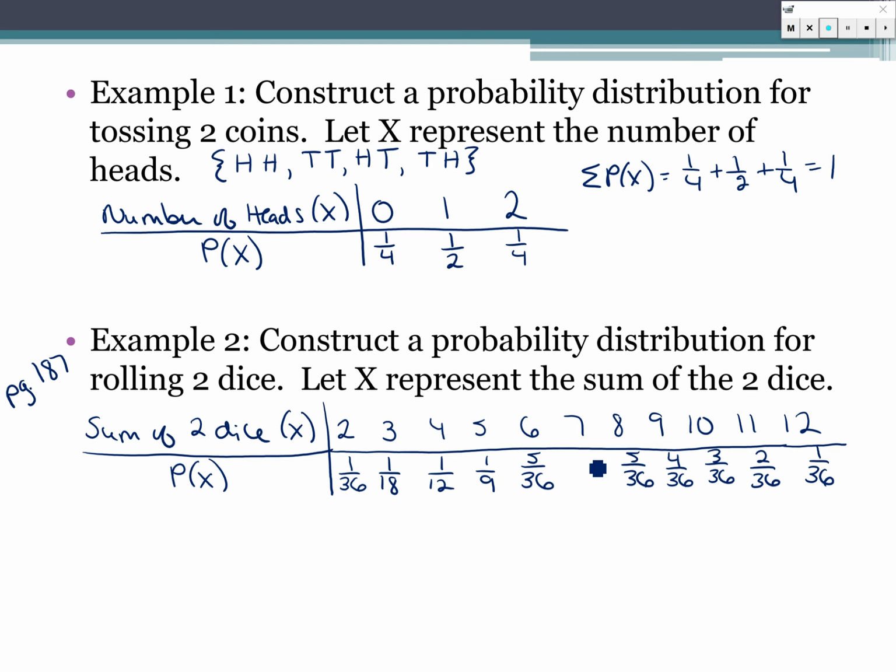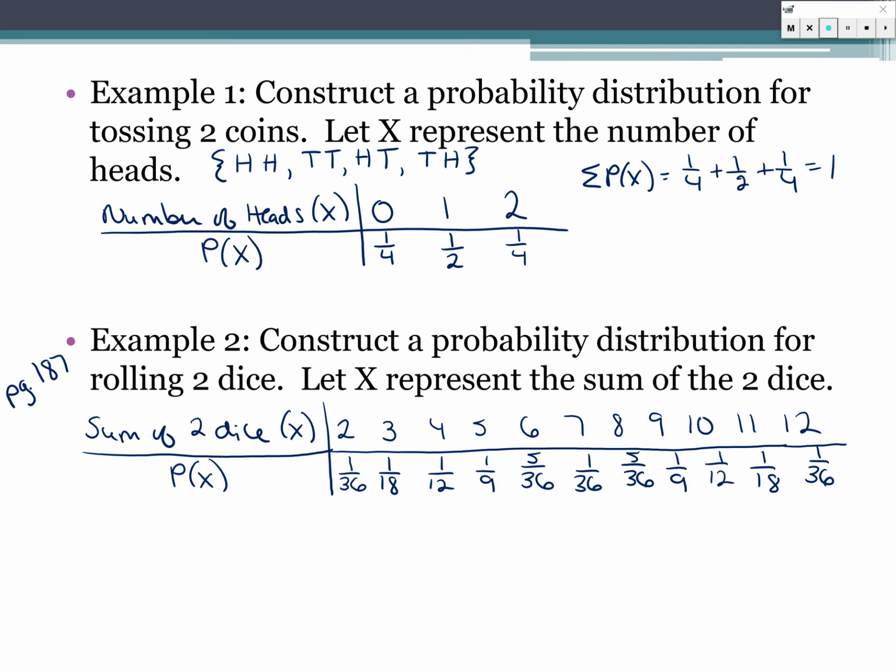Or you can just write them below if you don't want to go back through and erase. I know it's a lot easier for me on this screen to go back and erase than it is for you. And you actually might want to leave those there so you remember where those probabilities came from, and that's fine. So all nice and simplified.